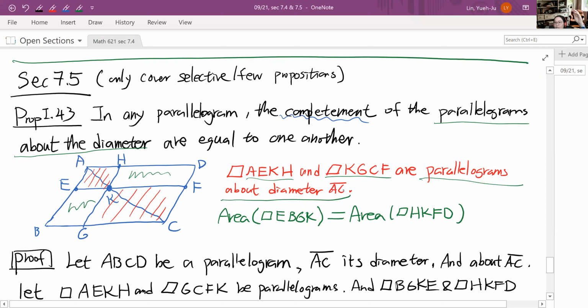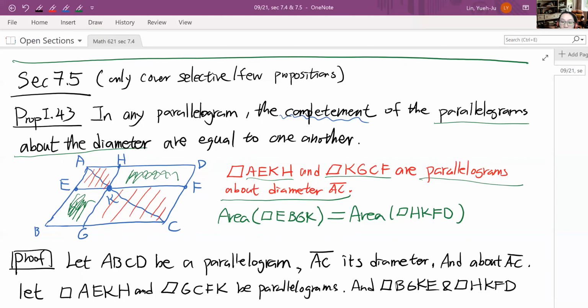You have a diameter AC, and along that, depending on where the parallel line EF is, you can definitely draw two parallelograms about this diameter AC. That's essentially along the diagonal or diameter. And off the diameter, you have this green region that I'm drawing here. This is essentially what we call the complement of those parallelograms.